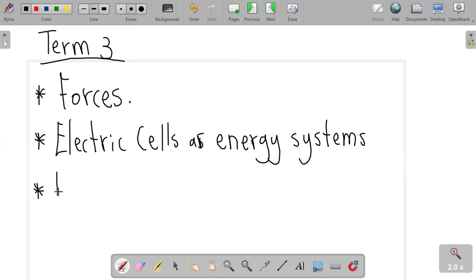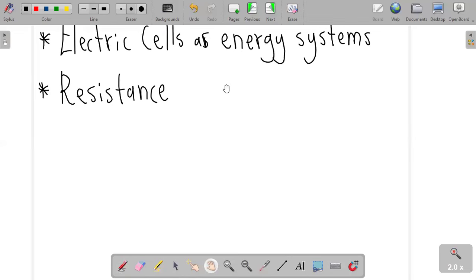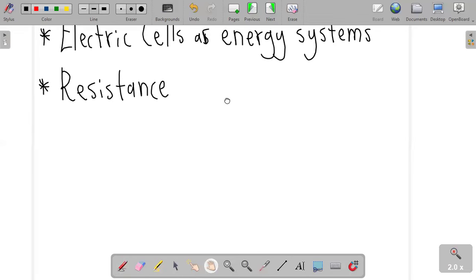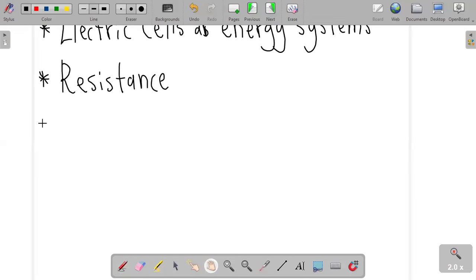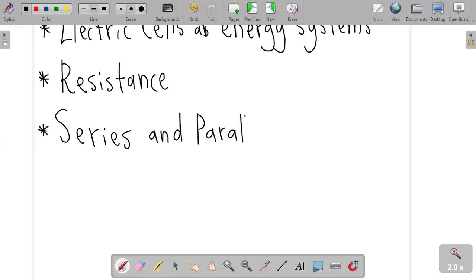Then the third topic we're going to do here is resistance. So resistance followed by series and parallel circuits.